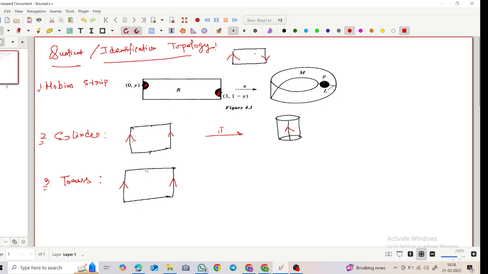And then join these two sides this way. So the same arrow with the same direction. That's how you glue it. Understood? So basically first you make a cylinder like before.